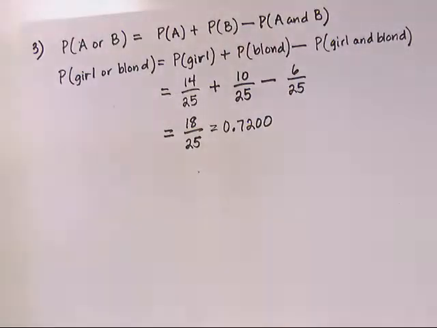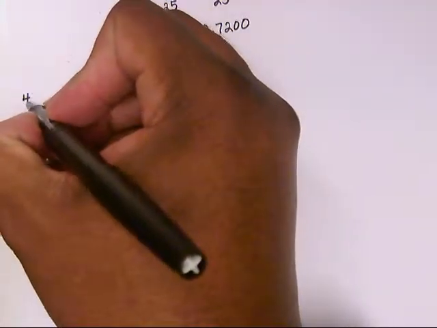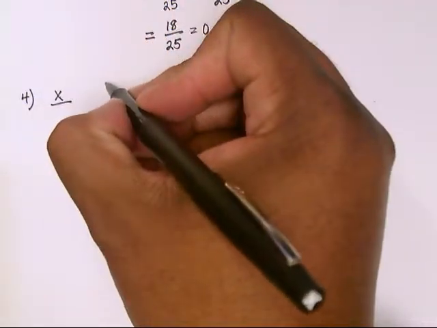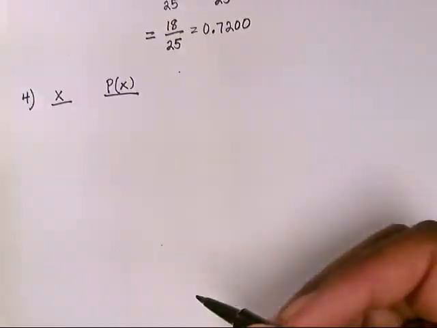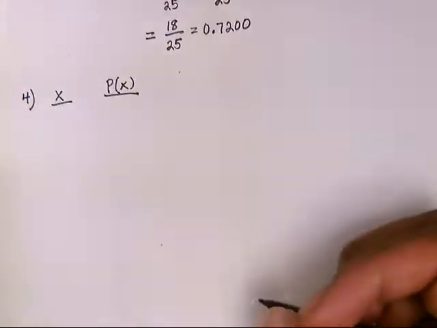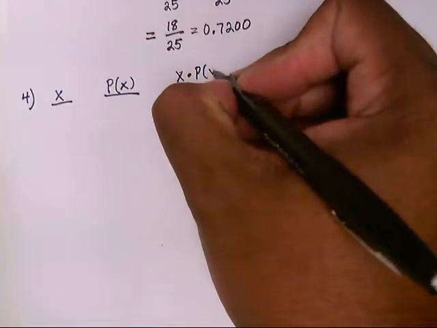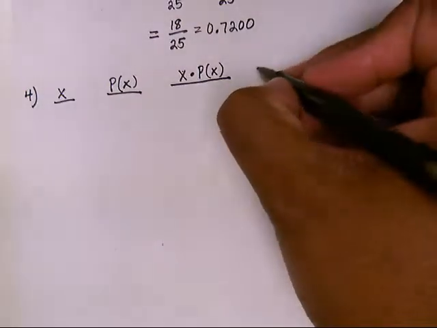So in this case, here's what our table will look like in problem number 4. The first column will be your x, which is a random variable, and then p of x will be that corresponding probability value, and then x times p of x will be x times its corresponding probability value.